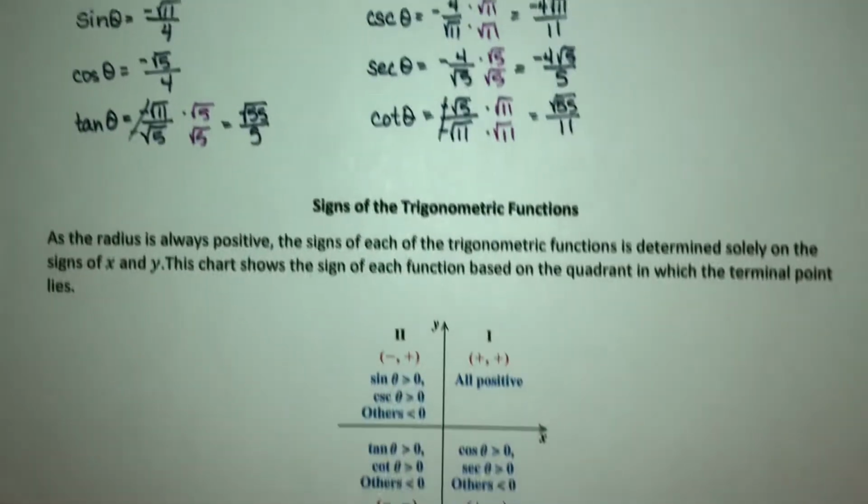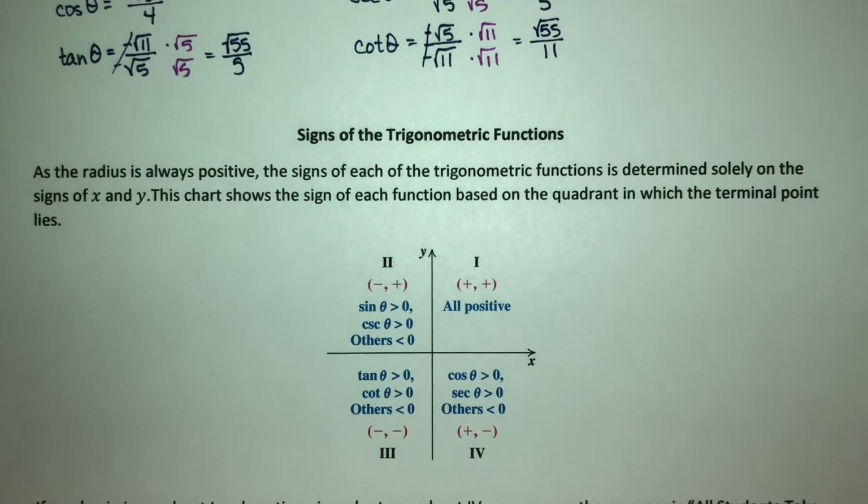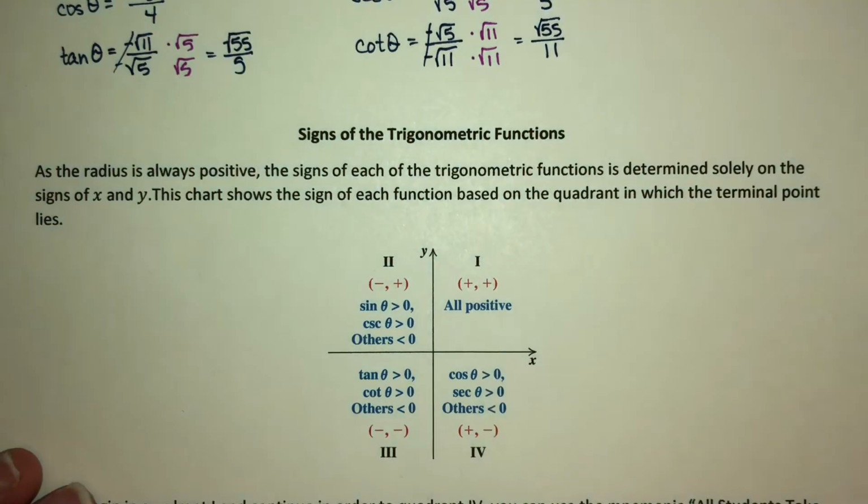Okay, we need to remember that if we know what quadrant our terminal point is in, then we know the sign of our trig values. And this becomes very, very important, okay? So, since we know our x and y determine the sign of our trig functions because the radius is always positive, we can figure this out.